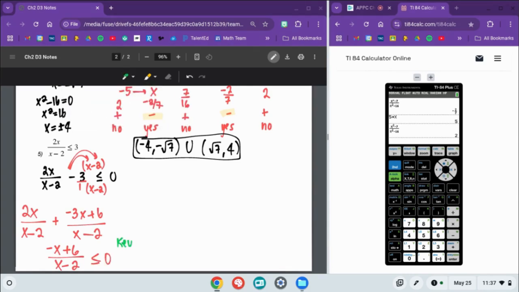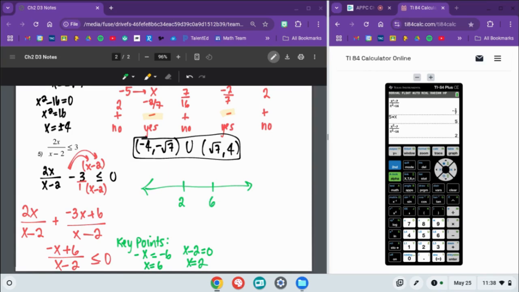So key points would be something that makes my numerator equal to 0, so that would be x equals 6, or something that makes my denominator equal to 0, so that would be x equals 2. All right, so let's plug in some numbers in our 3 regions. We're going to make our number line from 2 and 6 being our key points.